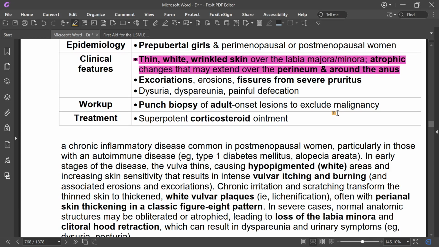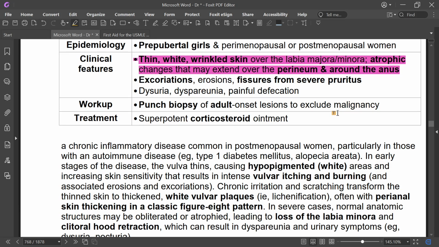There is white vulvar plaque with lichenification, and perianal skin thickening in a classic figure of 8 pattern.